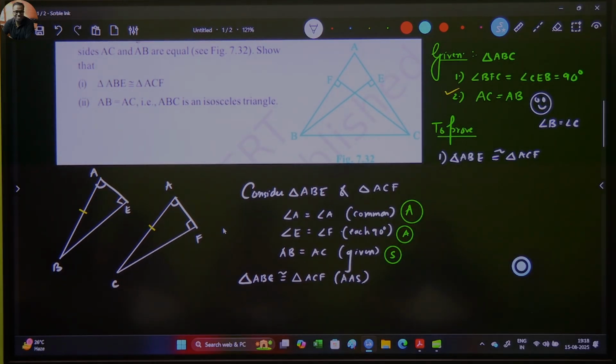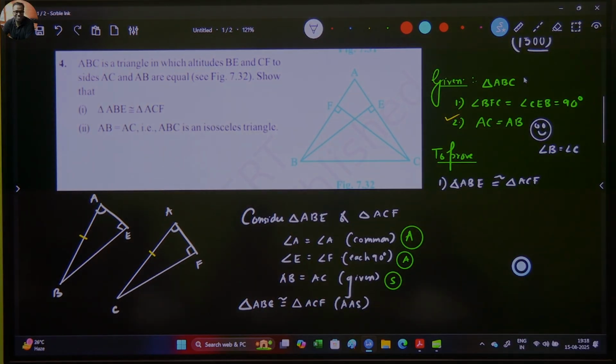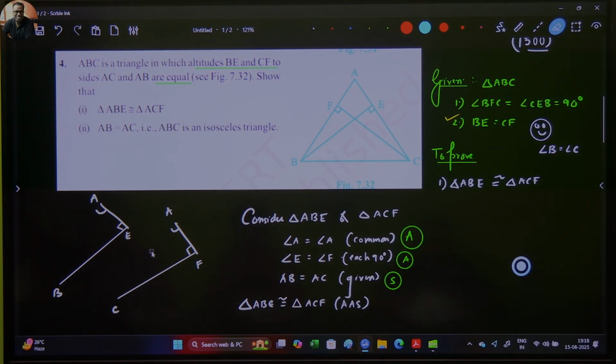We have done a mistake, children. AB equal to AC was not given. You had a problem in reading the English. Altitudes BE and CF to the sides are equal. The altitudes were equal. BE is equal to CF. So instead of putting this sign, we should just change it. नहीं कोई problem नहीं है ना, बात एक ही है.